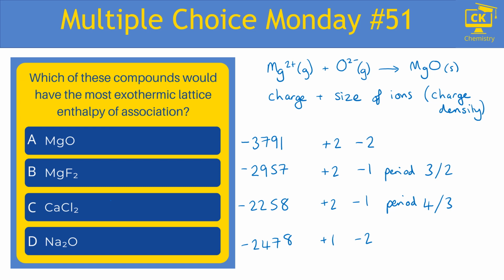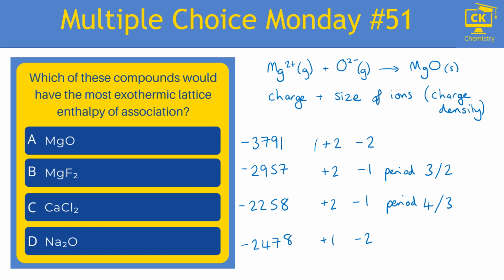So we've changed the charge on the cation and the charge on the anion, and we've changed the period that those are in. We wouldn't have to make that comparison, so we'd never be able to say which one out of C and D has the higher or more exothermic lattice enthalpy. We can see that it is sodium oxide, but you would not be expected to predict that.